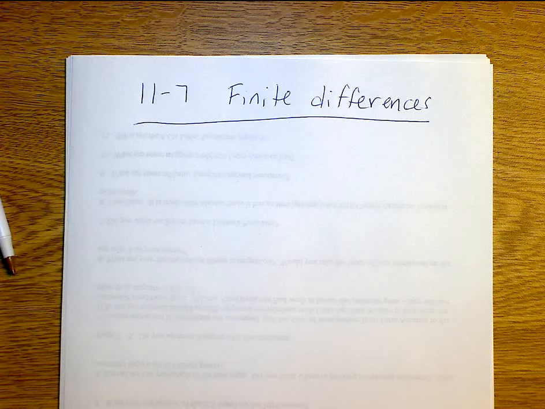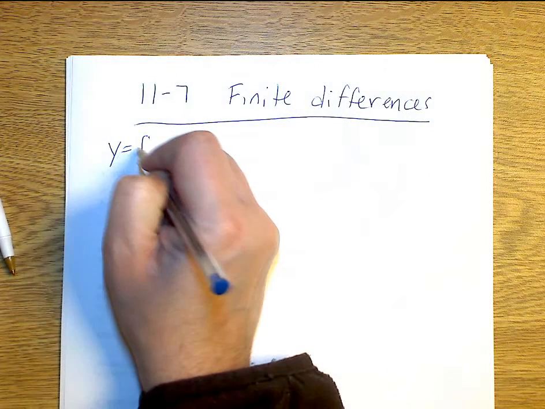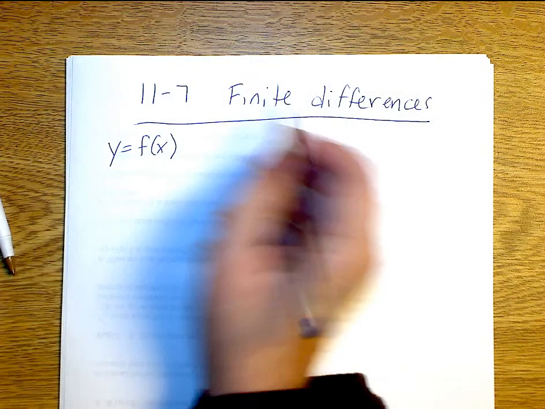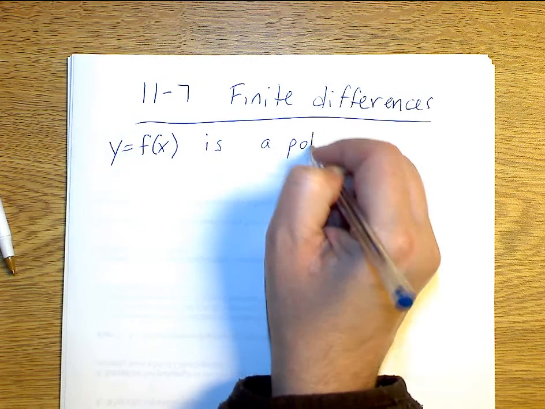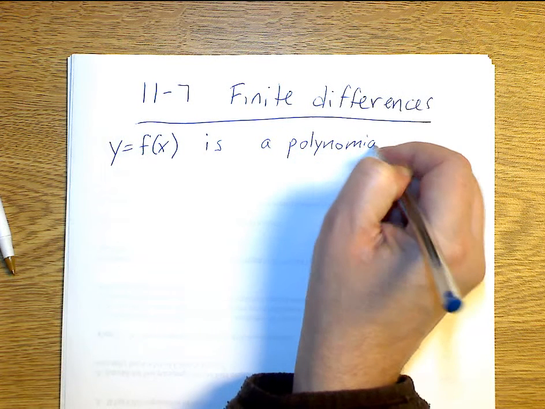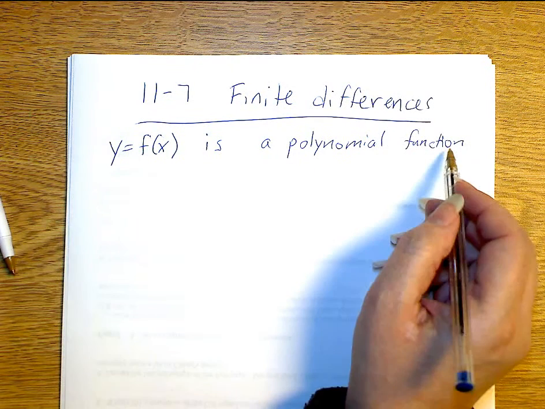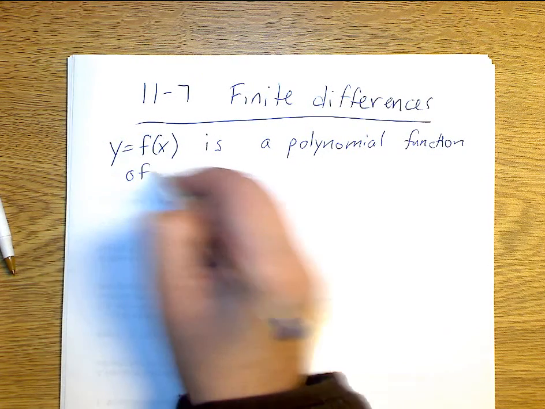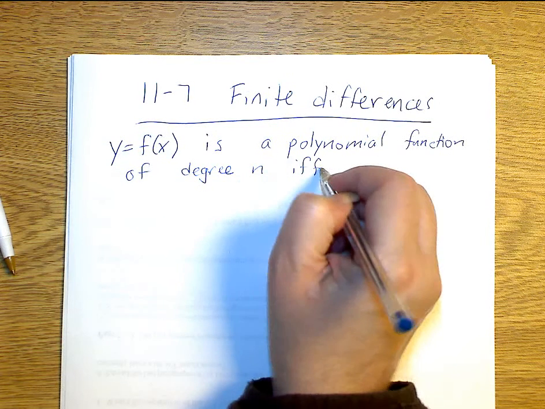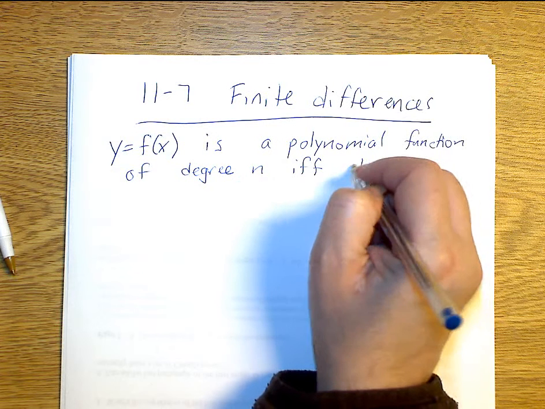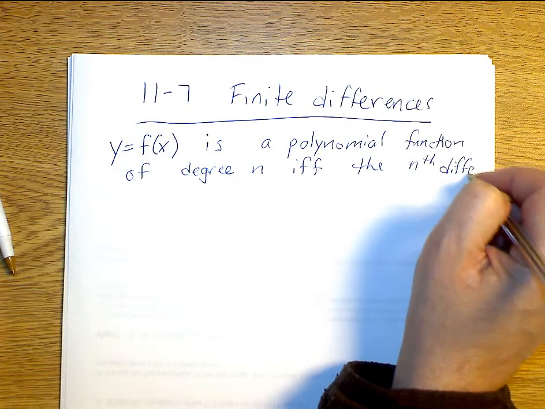11, 7 is finite differences. Remember that y equals f of x is a polynomial, so it's a polynomial function of degree n if and only if the nth difference, and you guys all know that difference, what does difference mean?